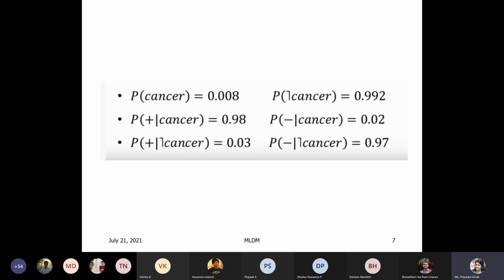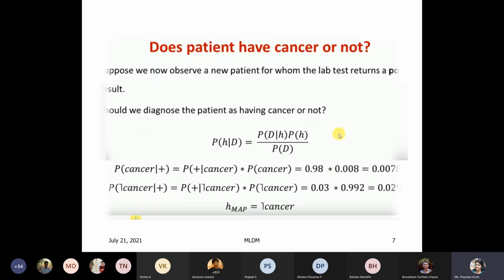Now how do we find this? You know what Bayes theorem is, isn't it? So it is just repeated. Our question was, we observe a new patient for whom the lab test returns a positive result. Given that it is a positive result, now we need to tell whether the patient actually has cancer or not.